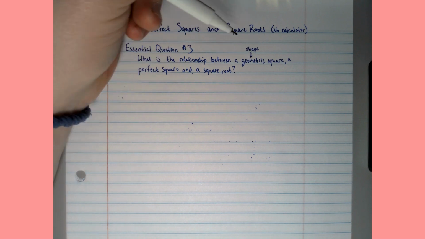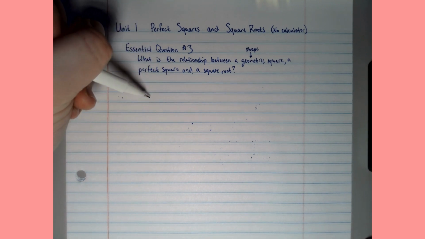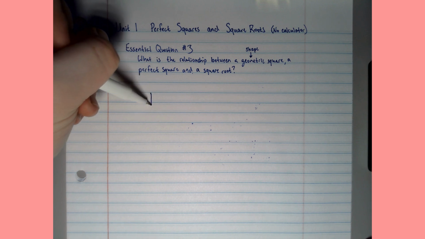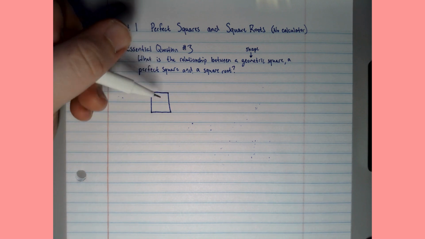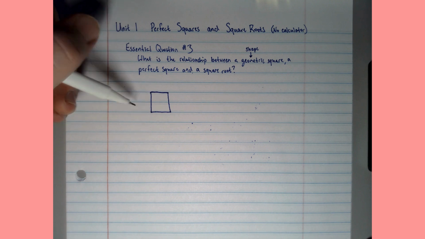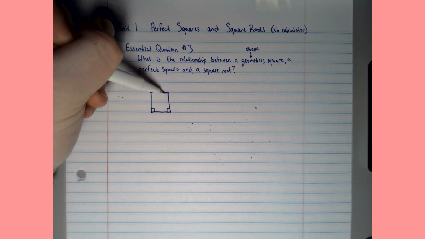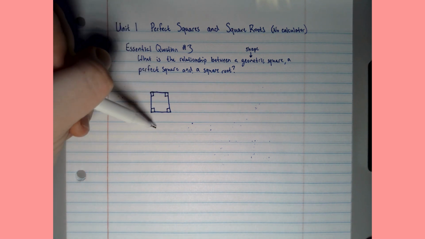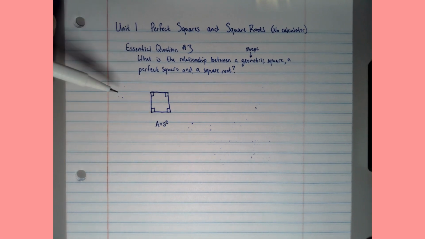And again, that word geometric just means we're looking at the actual shape. We're no longer talking about squares as numbers, but we're talking about squares as shapes finally, in the sense that you've seen them most of your lives. So if I were to draw a square, let's go here, draw a square, and I'm going to say that, first of all, if you are familiar with your formula sheet, then if you find a square on your formula sheet, which it is on there, then there should be a formula written below it that says A equals S squared.